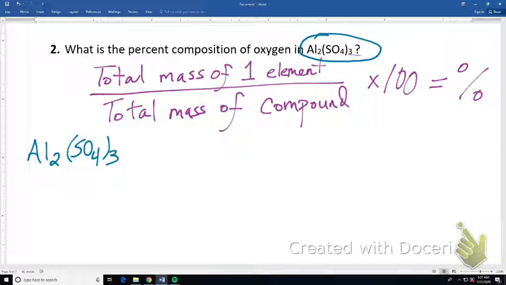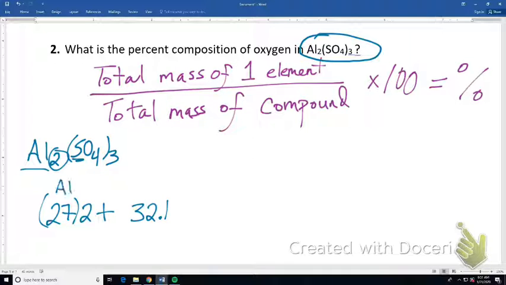So remember, molar mass is just replacing the letters with the actual masses. So like aluminum is 27, and there's 2 of them, so I multiply that by 2, plus sulfur's mass, and sulfur is 32.1. There's 1 sulfur here, but I have to multiply that by 3. So that's why there are 3 sulfurs.